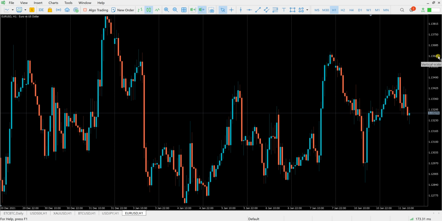So with this 20, we can say it is 2 pips. So if it moves downwards from 13620 to 13610, it simply means it has moved downwards by 1 pip.